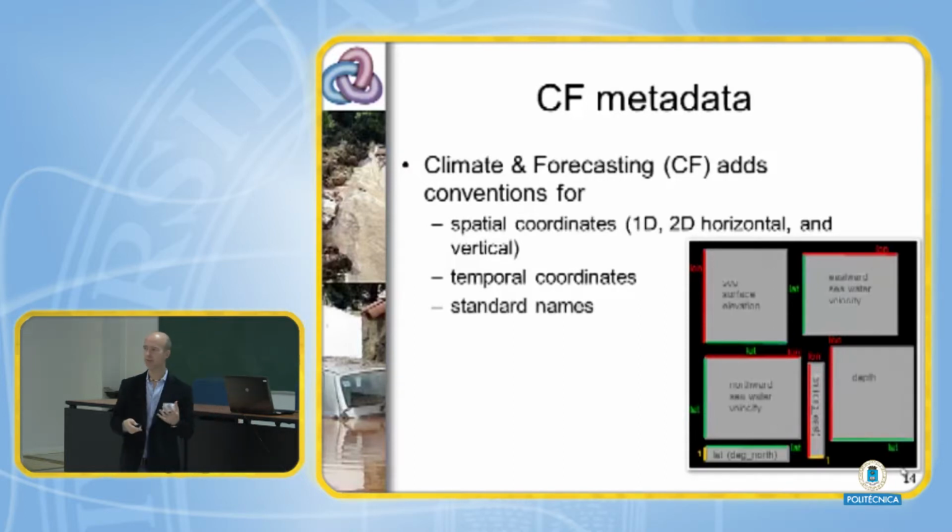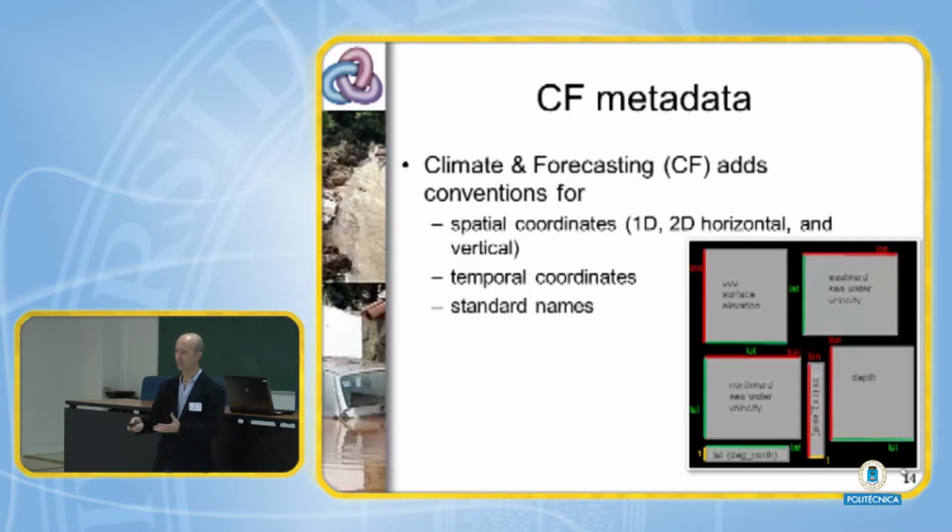Then we have things like standard names. It's a little bit of a mixed feeling. Coming from the climate side, they tend to have big names like sea surface elevation. That's when you look at the climate, all the relevant water levels that you're looking at. But if you're going upriver, it's not what you would refer to as a sea surface elevation.